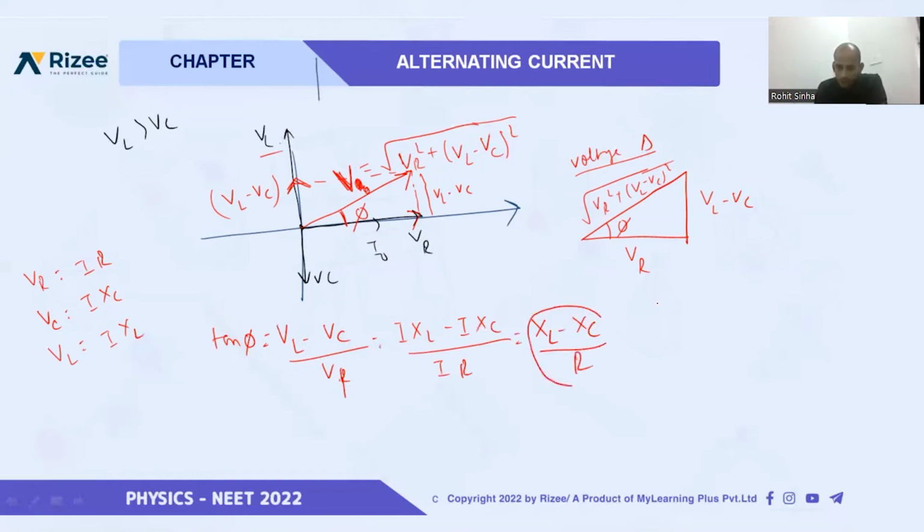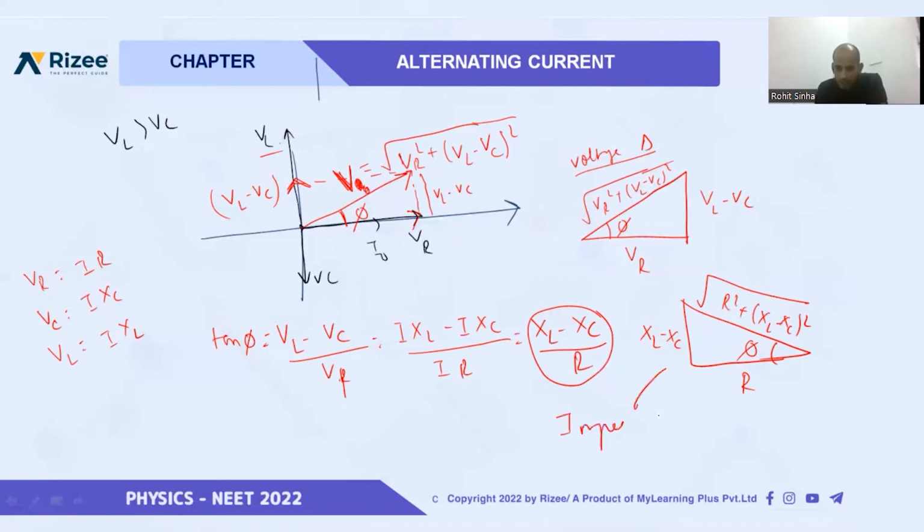That means we can say here that it also forms one triangle, and this triangle is like this. This is the angle phi, this is R, and this perpendicular is XL minus XC, and the hypotenuse will be the square root of R square plus XL minus XC whole square. This is called the impedance triangle, because all three sides show impedance.